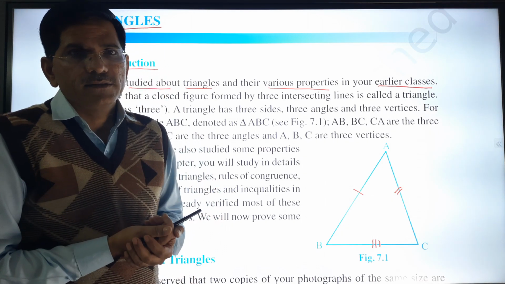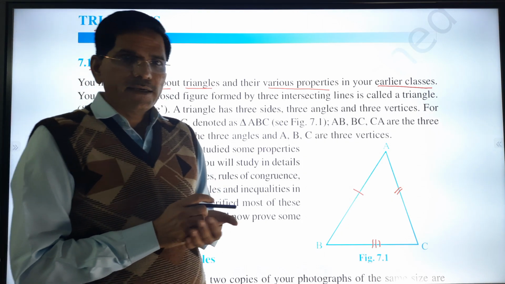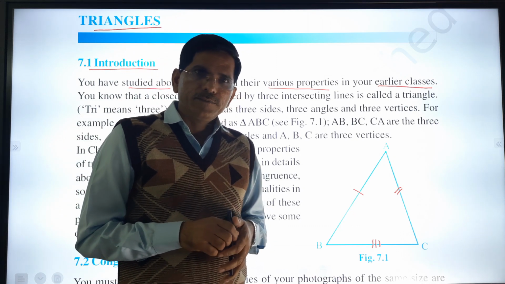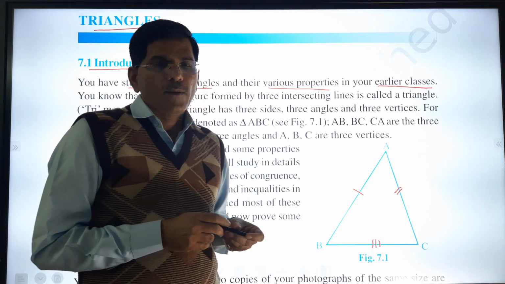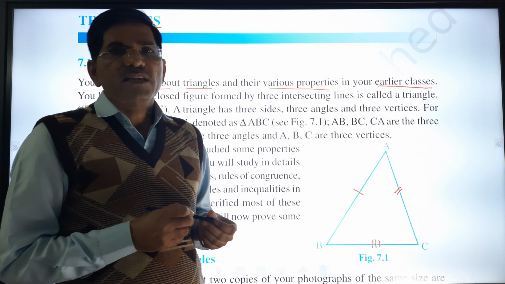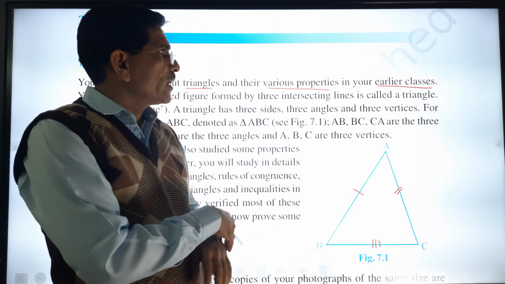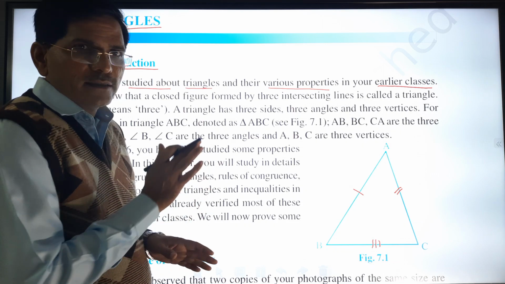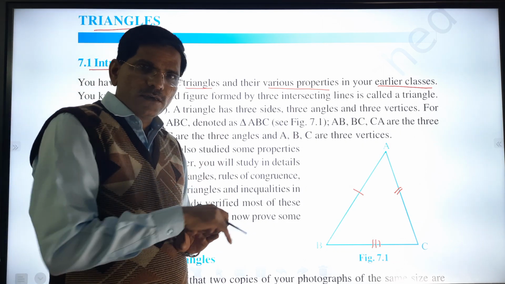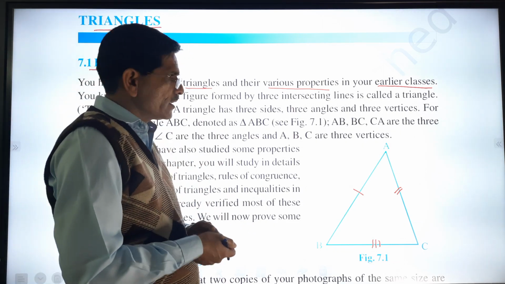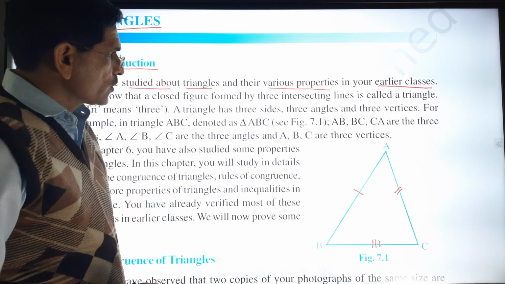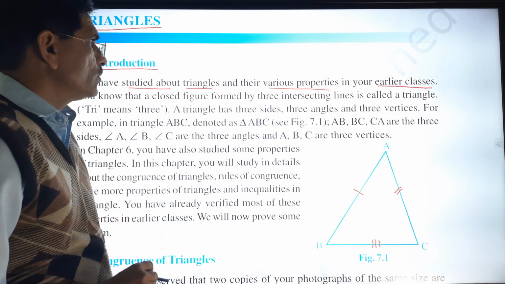According to the side: equilateral triangle, isosceles triangle, and scalene triangle. We already discussed that in chapter number 6 or earlier. So now the main parts we have to write.